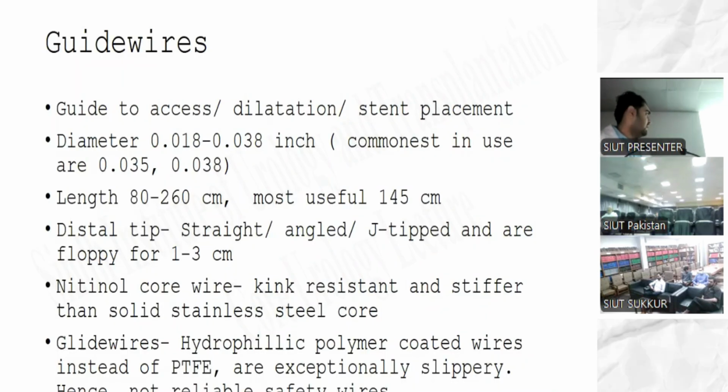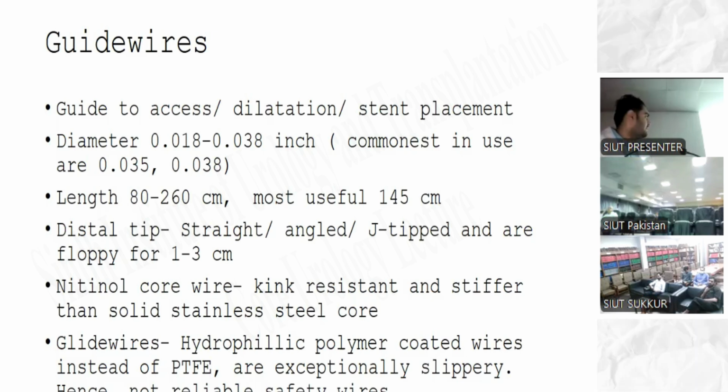Now, as far as the guide wires are concerned, the diameter of the guide wire varies mostly from 0.018 to 0.038 inch, and the average is 0.035. The length of the guide wire, which must be remembered, ranges from 80 to 260 centimeters, and the average is 145 centimeters.